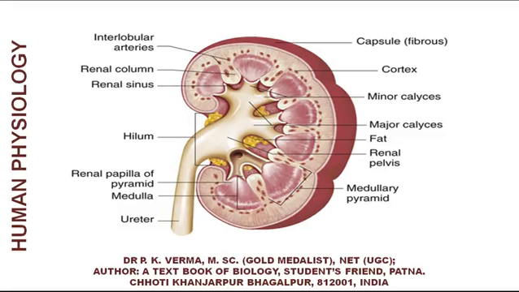These minor and major calyces ultimately open in a common space known as renal pelvis. From the renal pelvis, the ureters come out. In between the minor and major calyces, you can see connective tissue is present along with some fat. This part is called column of Bertini.